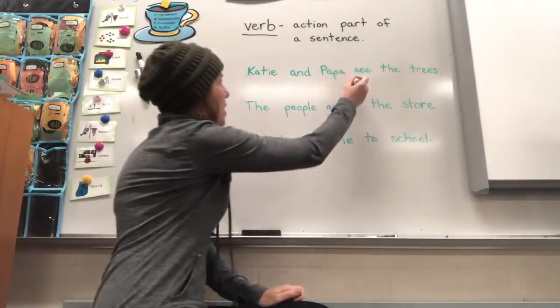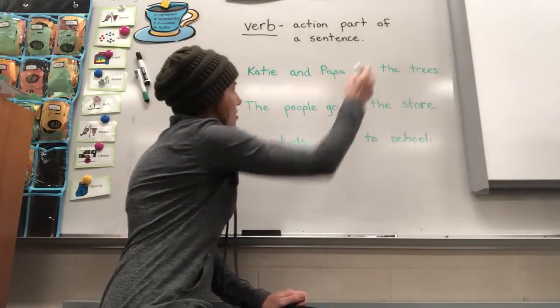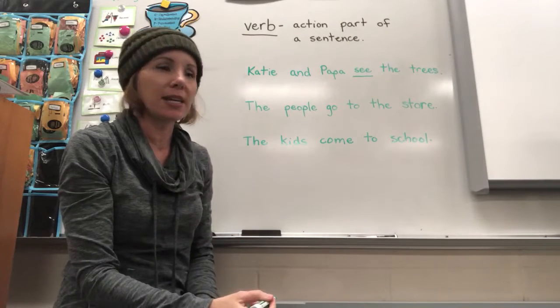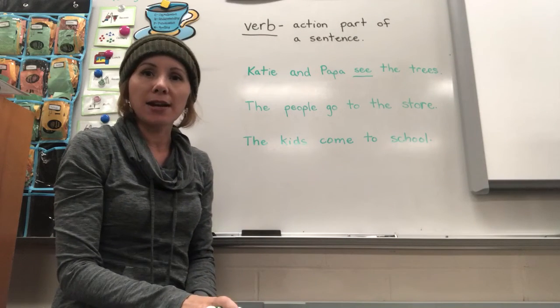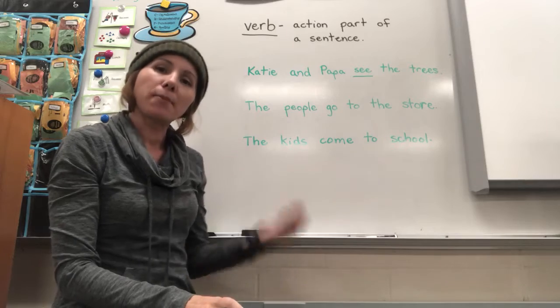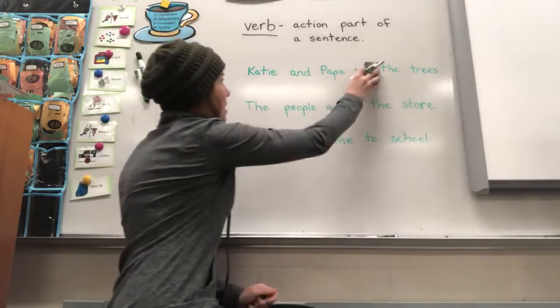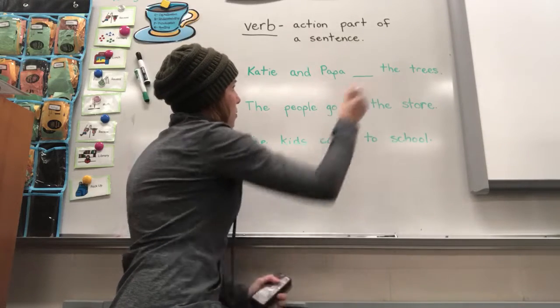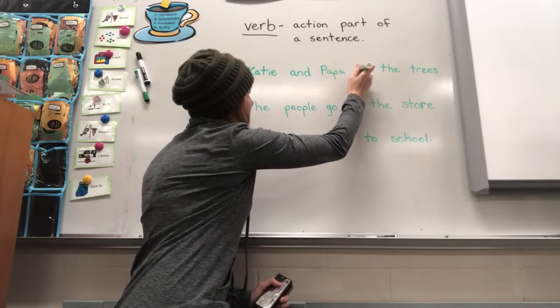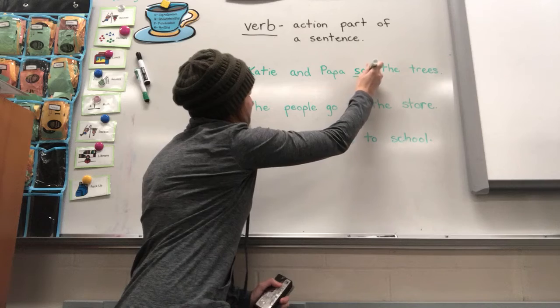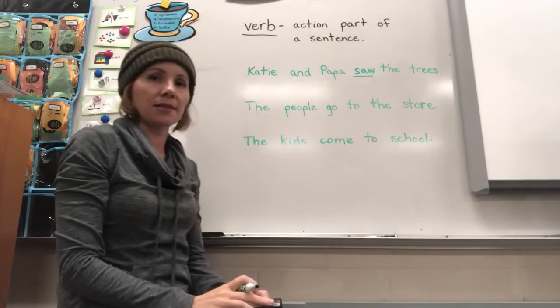If they see them, that's what happens. So I'm going to underline the word see. That means it's happening right now. But if it happened in the past, if it already happened, we would change the word see to the word saw. Katie and Papa saw the trees.